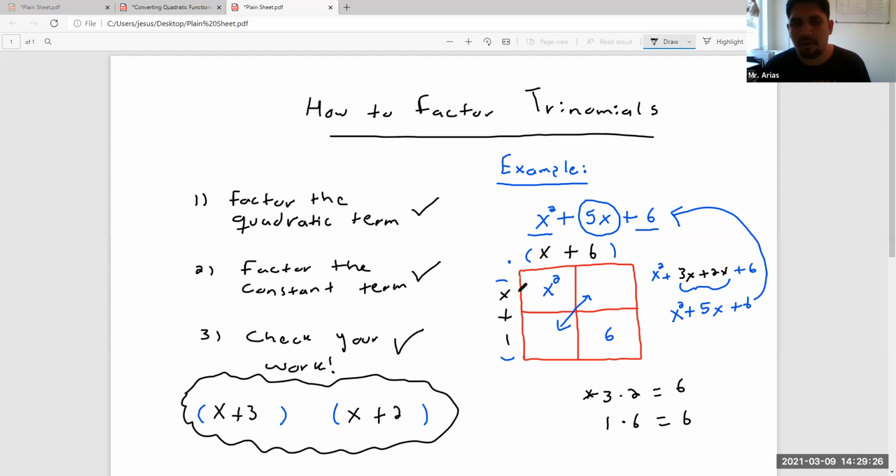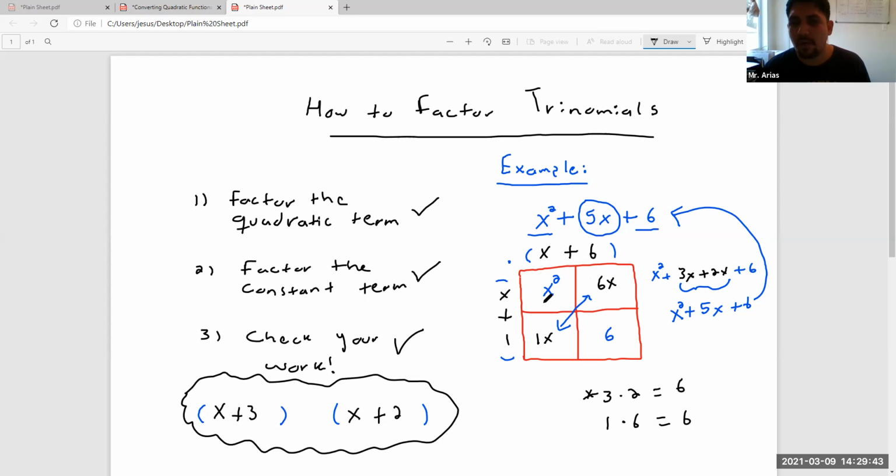But then eventually, if I multiply the x from the height by the 6 from the base, I would produce this 6x in the top right section, right? And then by multiplying this x from the base by the 1 from the height, I get 1x.